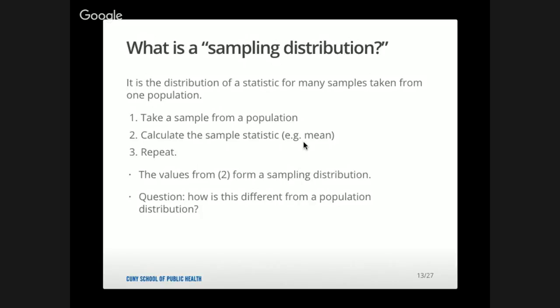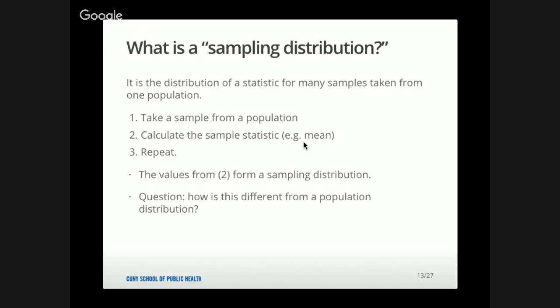One third way, maybe, that sampling distributions differ from population distributions is that almost always in your data sets, in your studies, you will only have one sample. Whereas if you have a sample size of 100, you could get an idea of the spread of, let's say, weights of study participants, you only have one sample.